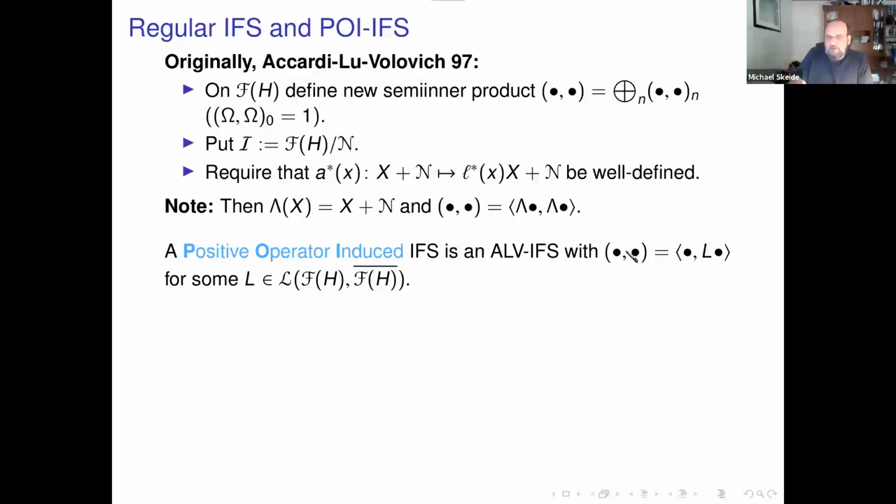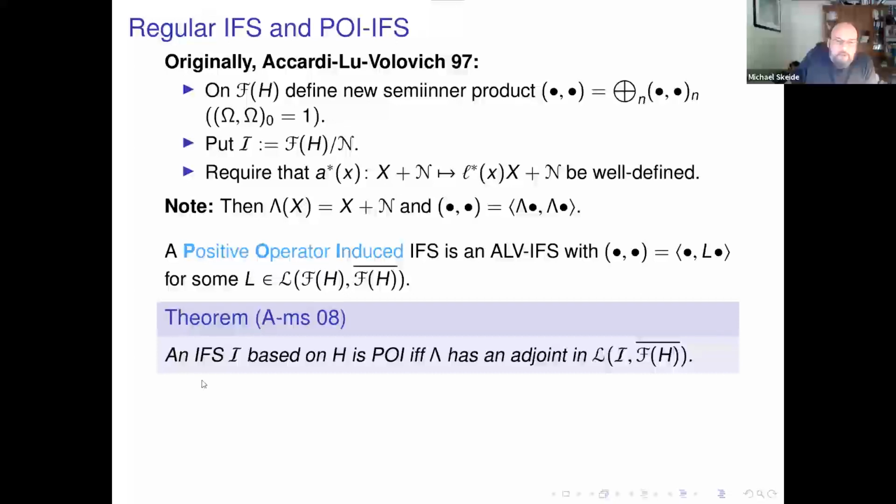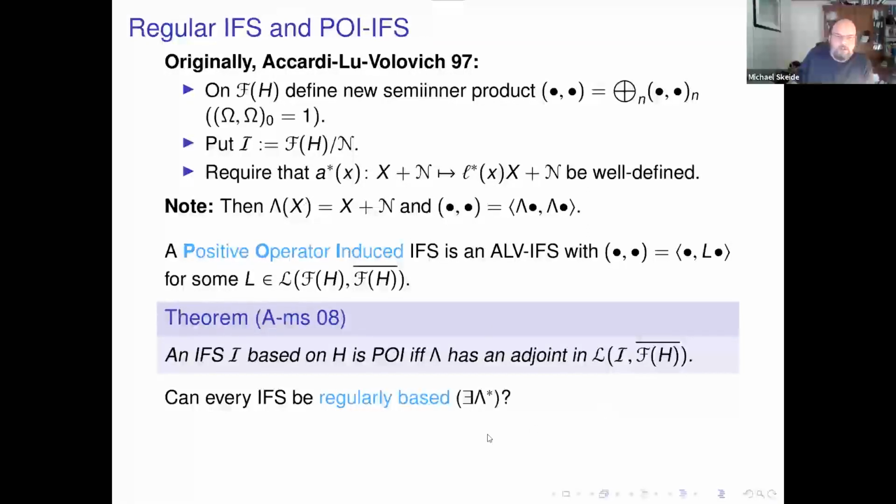And in order to make this a semi-inner product, it should be positive. Oh, I forgot. It should be a Fock map, of course. So even a vacuum-preserving map. So, theorem: an interacting Fock space based on H is a POI interacting Fock space if and only if the canonical surjection has an adjoint going into the completion of the Fock space. This is what we call a regular interacting Fock space.